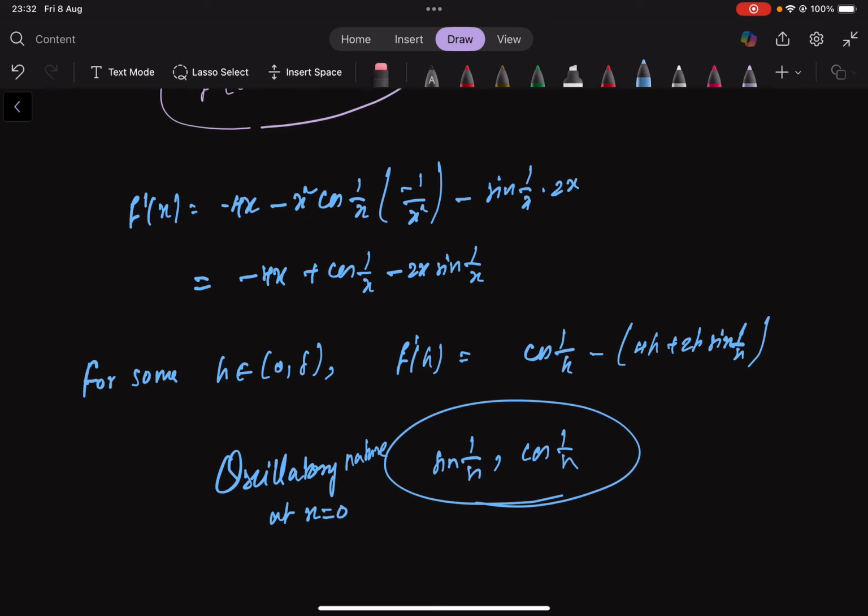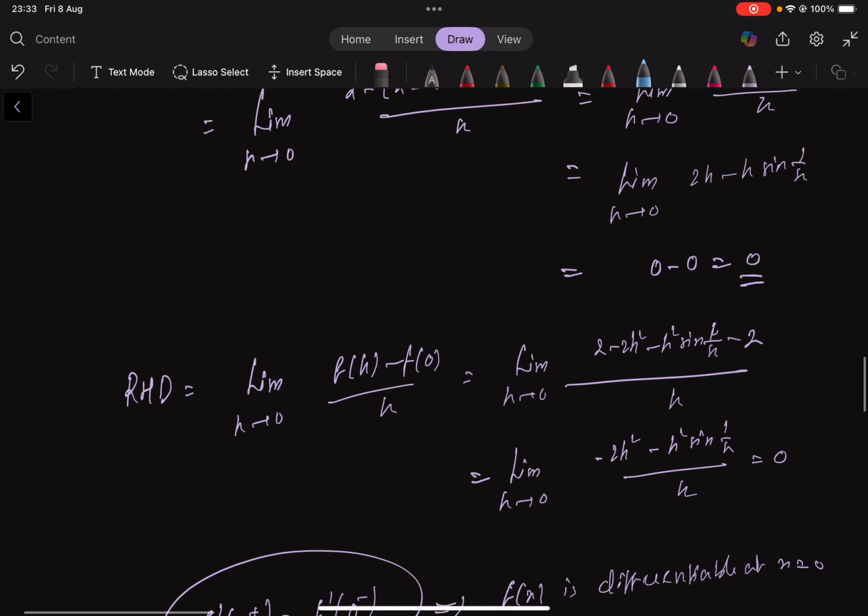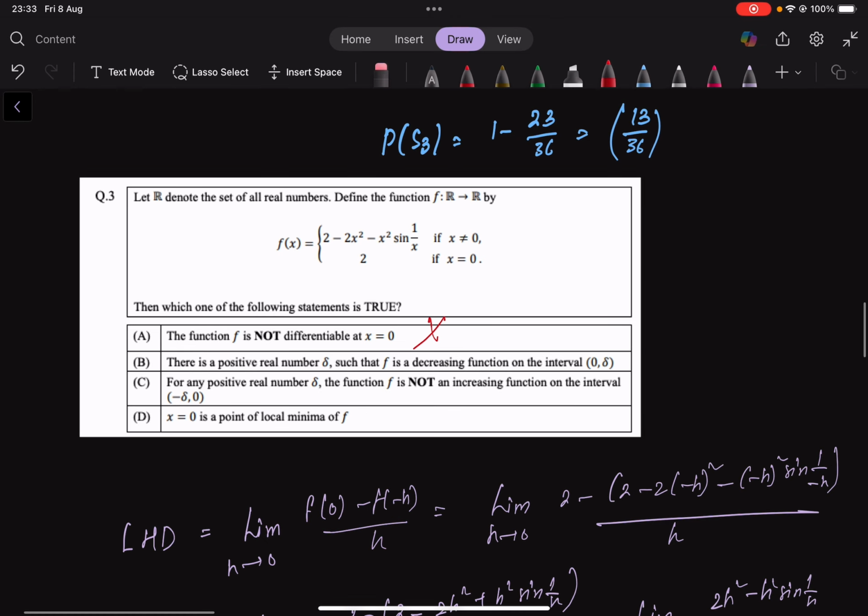We can't really say whether this function is decreasing or increasing. So in a similar way, if we consider option C, we can clearly eliminate the second option as well, because we can't say for sure that f dash of x is less than 0 in the range of 0 to 5.